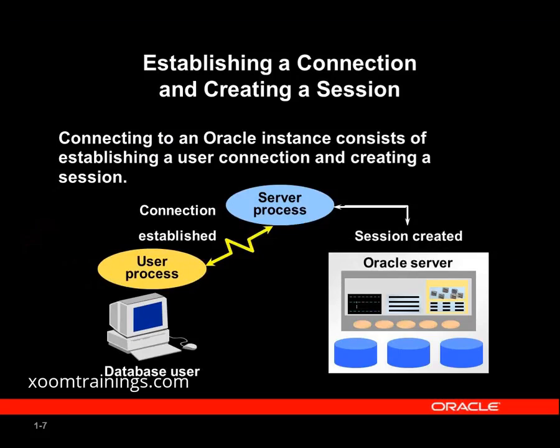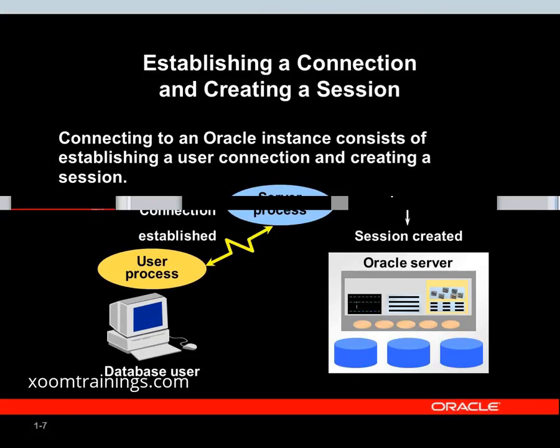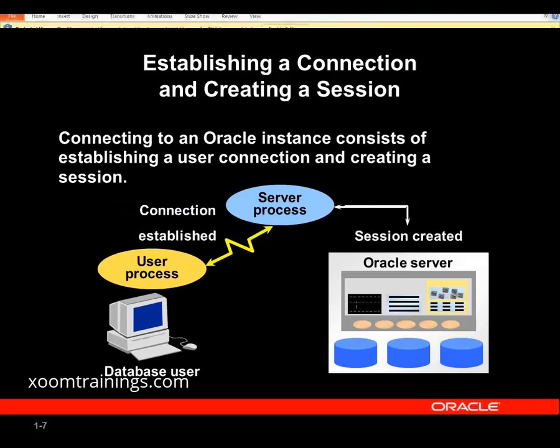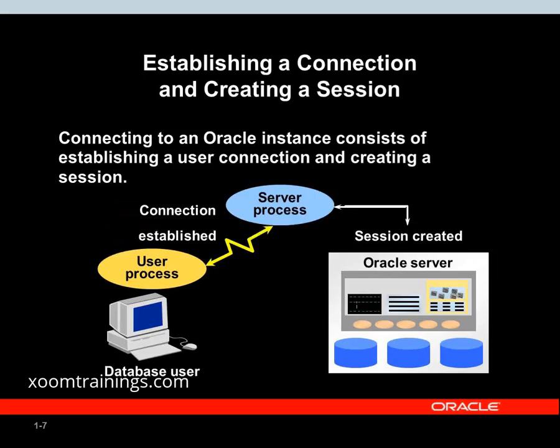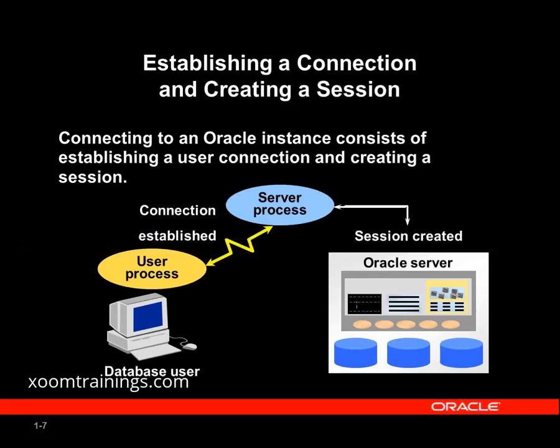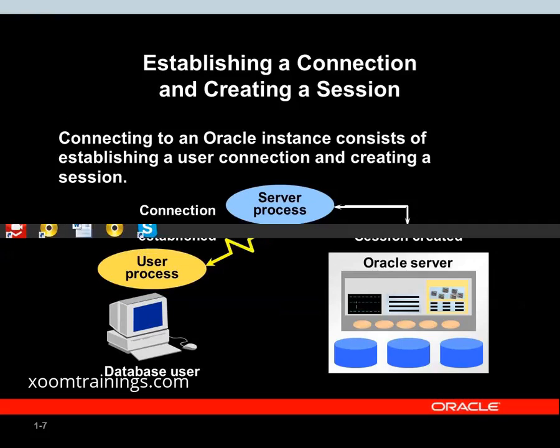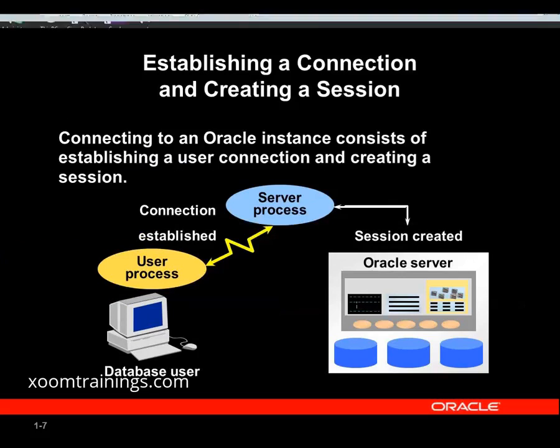Let me give an example to differentiate between connection and session. Let's say I'm calling you. First of all, I dial your number on my phone. When I press the calling button, the user process starts from my mobile side and it broadcasts the number to the network.